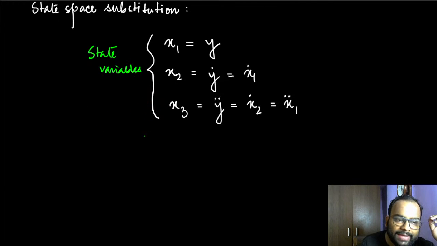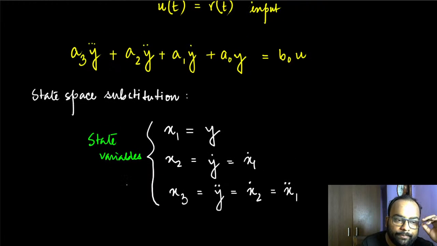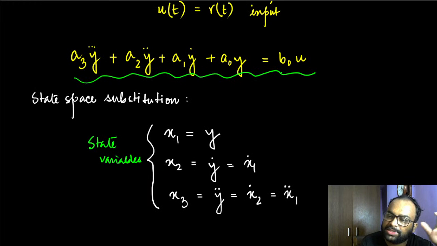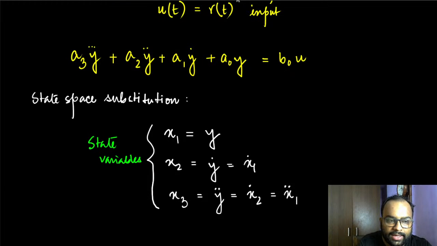And you might now try to understand some important ideas behind this. Imagine this differential equation relates to a mechanical system in which y represents displacement. Then y dot represents velocity, y double dot represents acceleration, and y triple dot represents jerk, right?